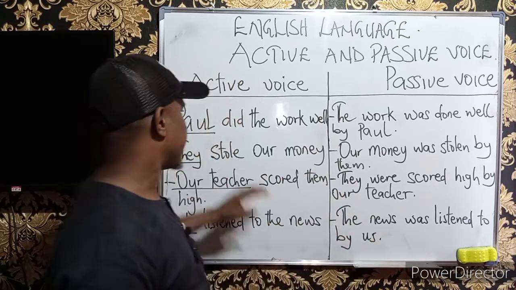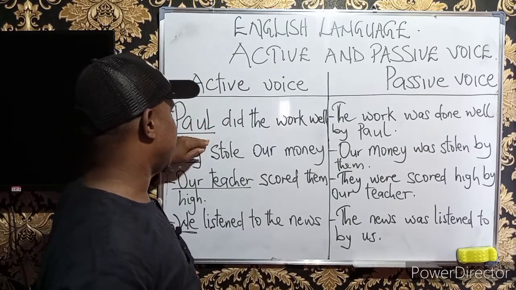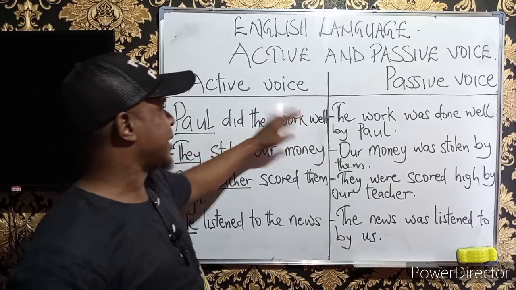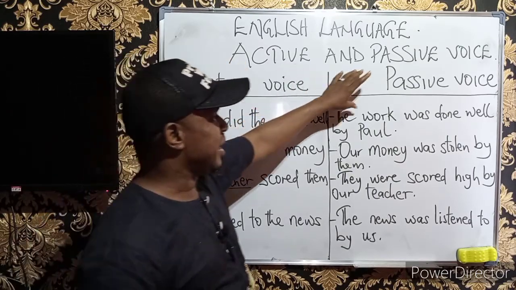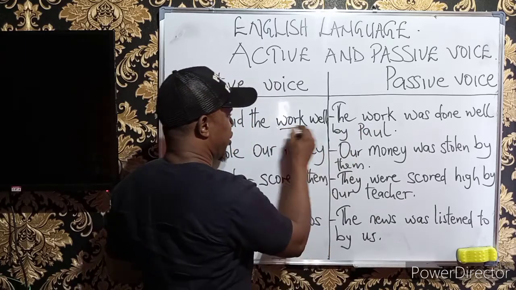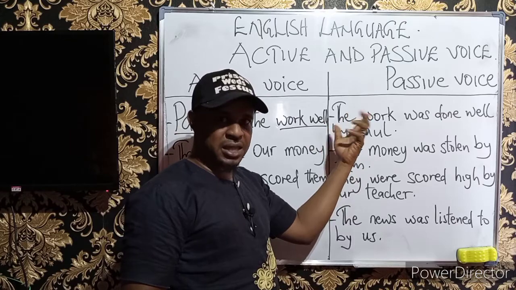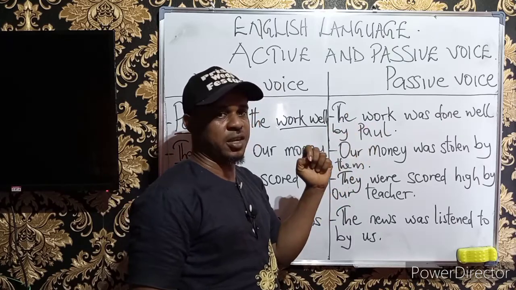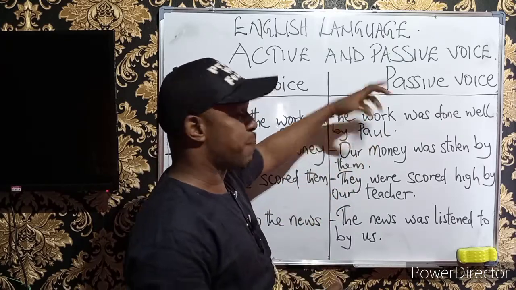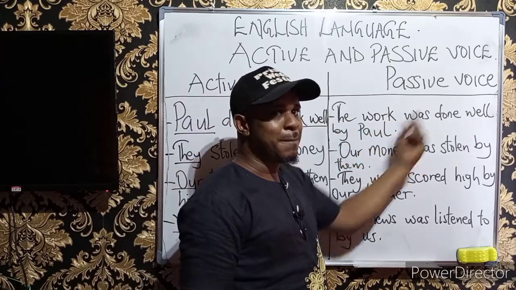Take for instance the first example under the active voice, Paul did the work. That is active. But in the passive voice, we discover that the work has now come to the subject side, that is the subjective case. We are now reporting the case: the work was done well by Paul.